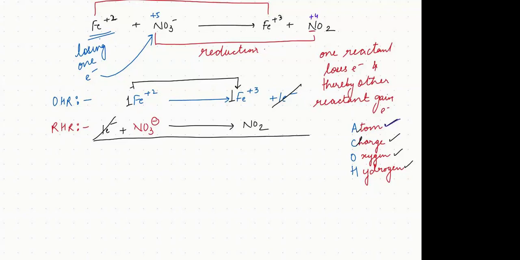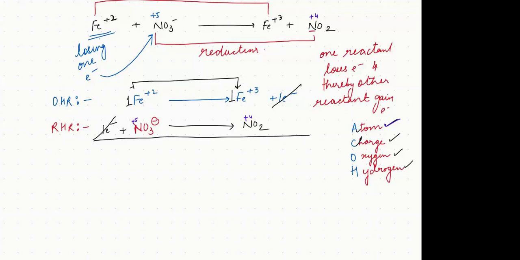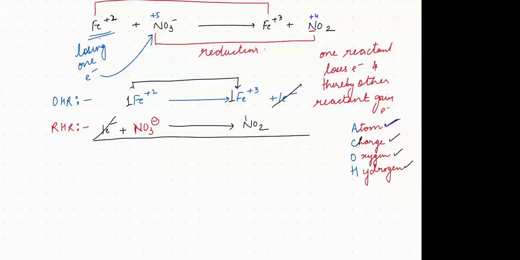I can see a change in the charge of nitrogen from +5 to +4. So on the reactant side there is one nitrogen, and on the other side another nitrogen. Any doubts in this?